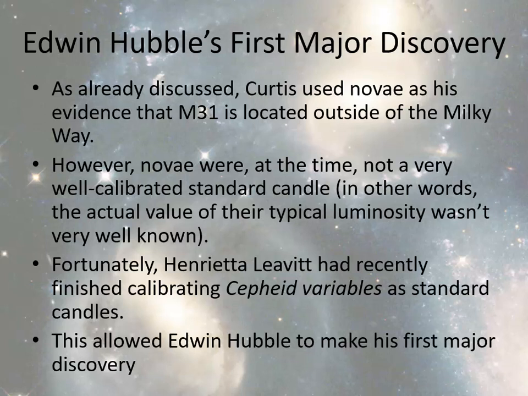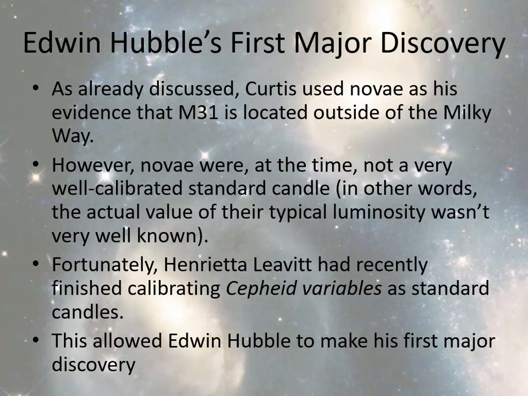This telescope was big enough that he was actually able to see Cepheid variables. Now, we've mentioned before that Henrietta Leavitt had actually calibrated a period-luminosity relationship for Cepheid variables as standard candles. In other words, you tell me the time between peak brightness of the Cepheid variable, I'll tell you how bright the thing actually is. She calibrated this by looking at them in the Magellanic Clouds.